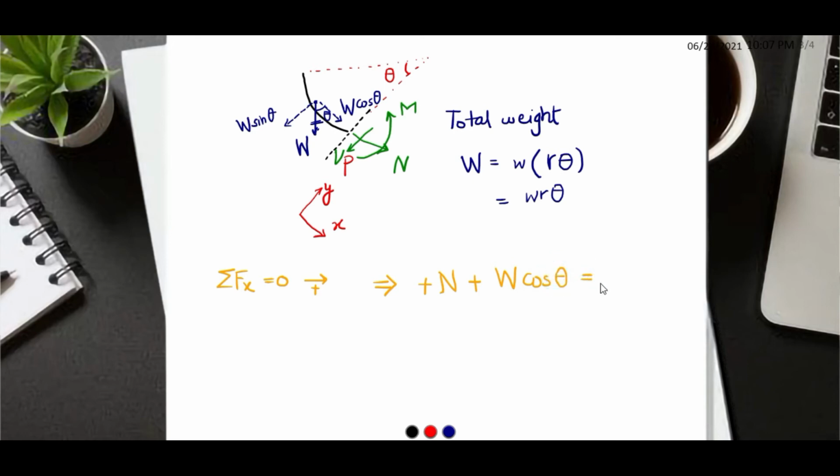Now there is no other force in this direction, so this should be 0. So this implies that N is equal to minus W cos theta, where W is small w r theta, cos theta.